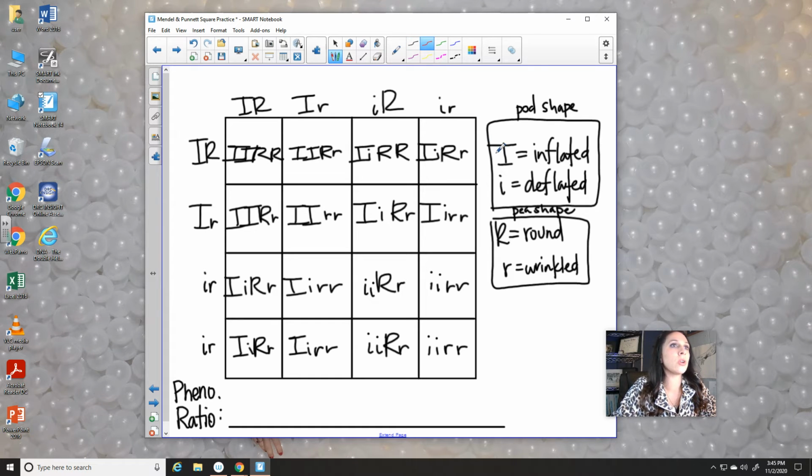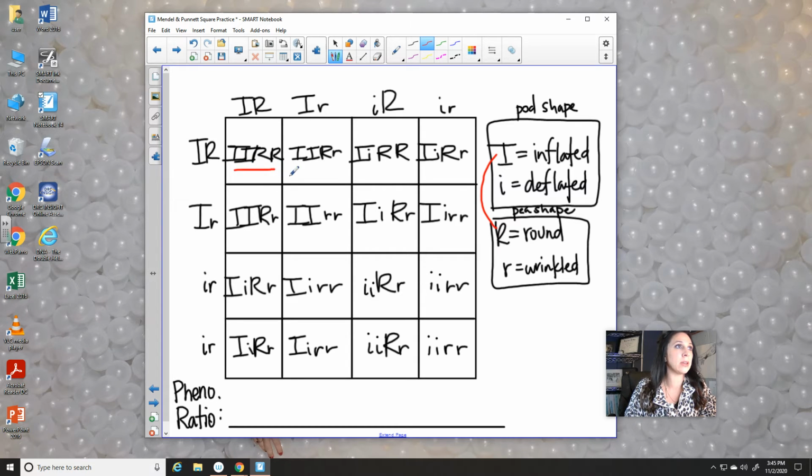So the first combination that we want to find are all the ones that are inflated and round. What that means is they have to have at least one big I and at least one big R. So you'll come along, and if it has at least one big I and at least one big R, it's going to express the inflated and round phenotype.